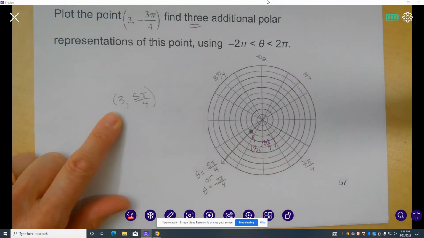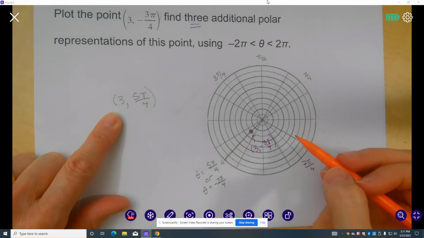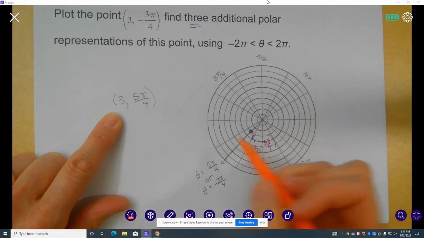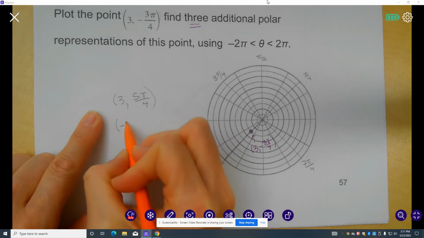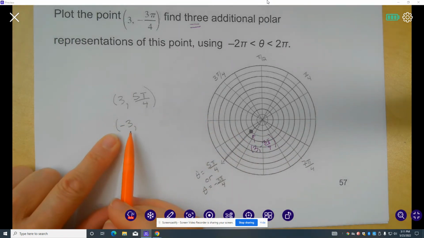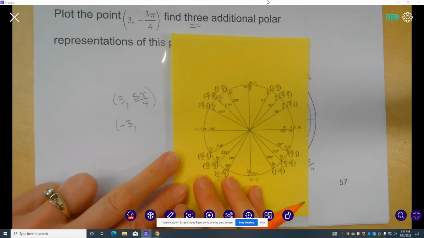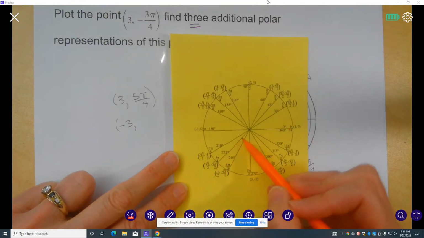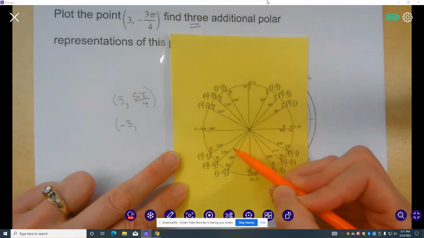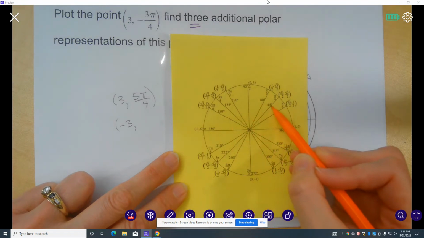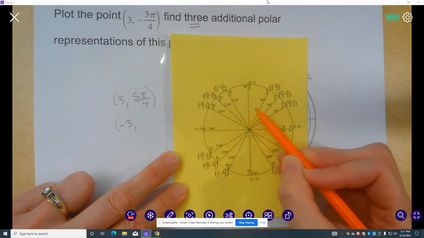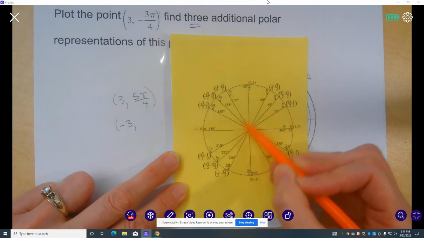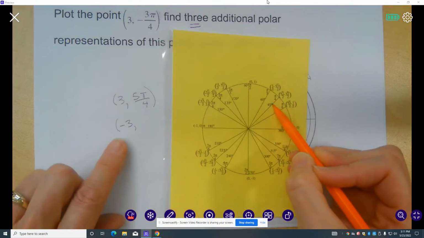Now I'm going to think, well, I could also do the deal where I do the negative radius. So remember, when you do the negative radius, you flip it exactly 180 degrees. So if I'm here at 5 pi over 4, exactly 180 degrees, or pi in radians, away from this would be pi over 4.